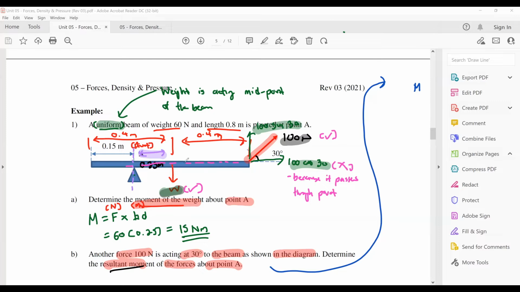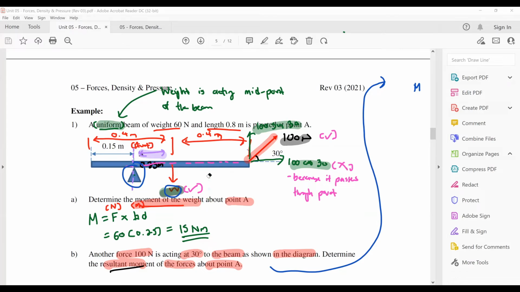So right now, you see the weight W here, if you try to imagine how this weight W will cause this beam to rotate about the pivot, you will see that it will tend to cause a clockwise rotation.